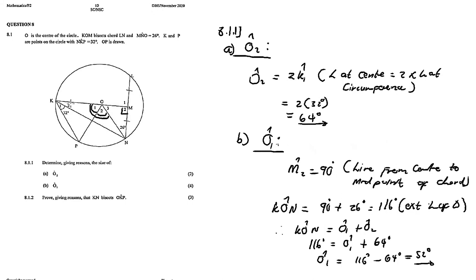If you bisect anything, we cut it into two equal pieces. So we need to find the value for K2, not K, but K2. If K2 on the calculator is equal to 32, we have proven that this line KN bisects this angle. So that is the answer in question 8.1.2.